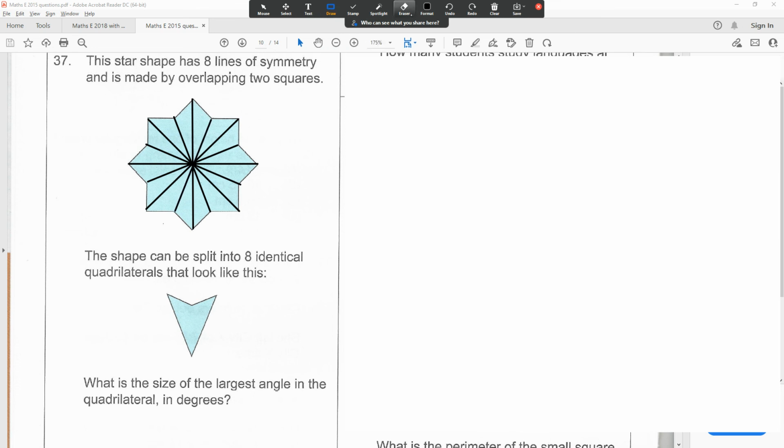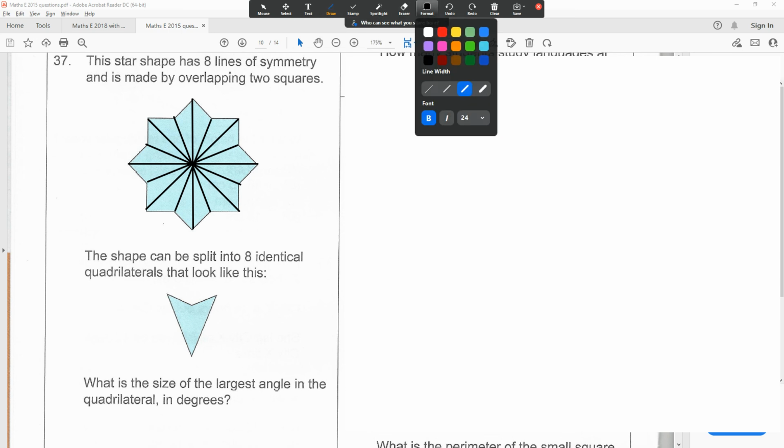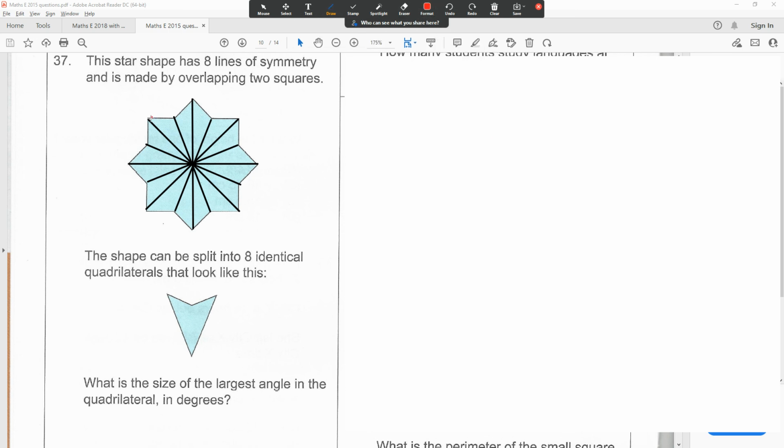Can you see the squares, by the way? Can you spot the overlapping squares? So there's one square coming through there, and the other square coming through this way.